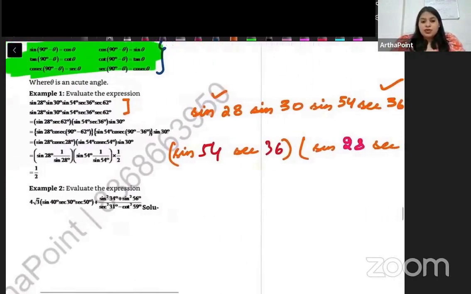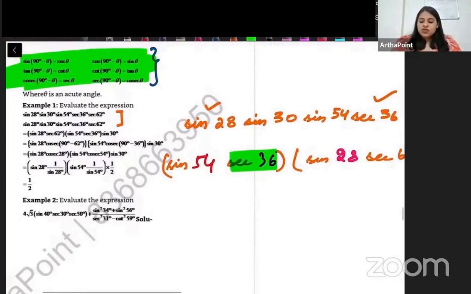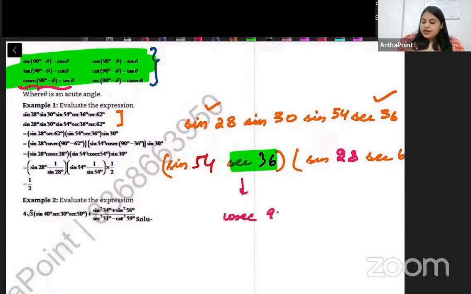Okay. Now beta think about it. Sec 36 from this rule will be cosec 90 minus theta. So this will be cosec 90 minus theta. That means it will be cosec 54 into sine 54.